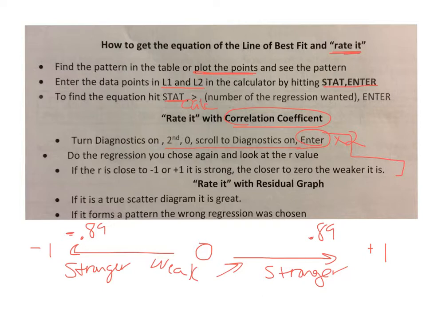I hope you could tell me that it's closer to 1, so it's more on the stronger side. It's not perfect, but it's stronger. Remember that my positive 1 and my negative 1 are my perfect correlations. Those dots will be in a nice tight line.